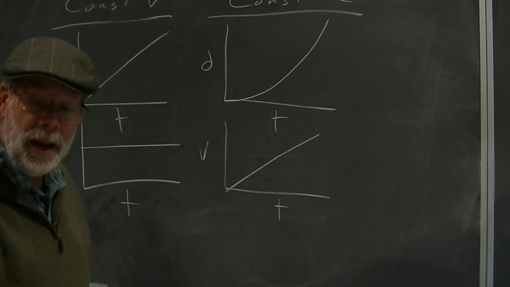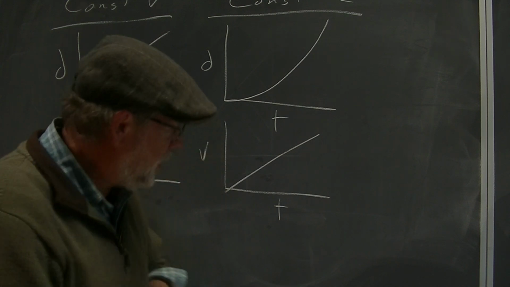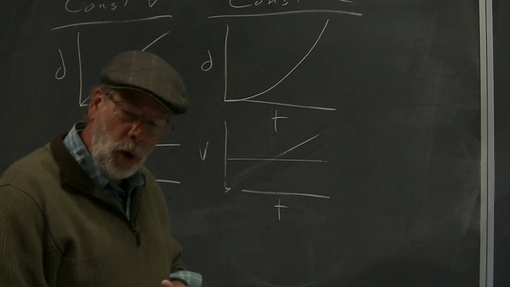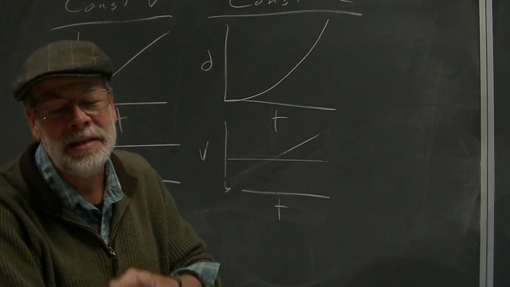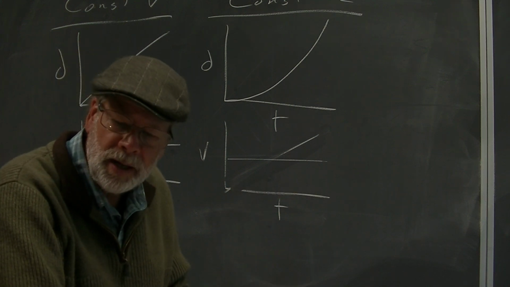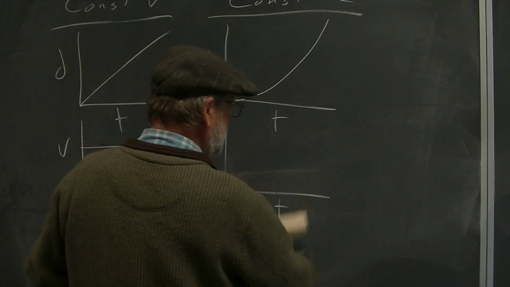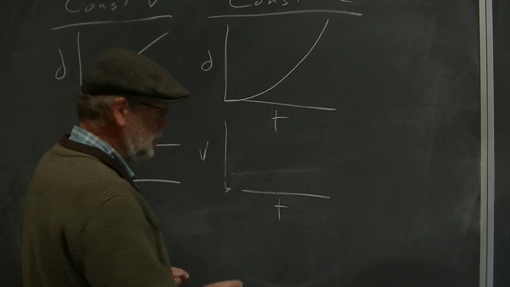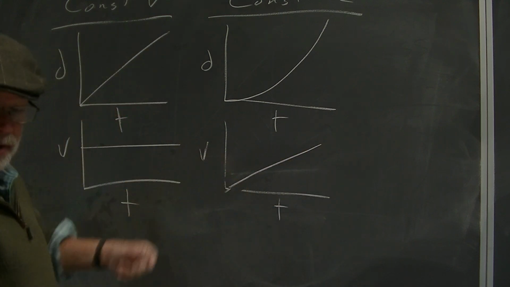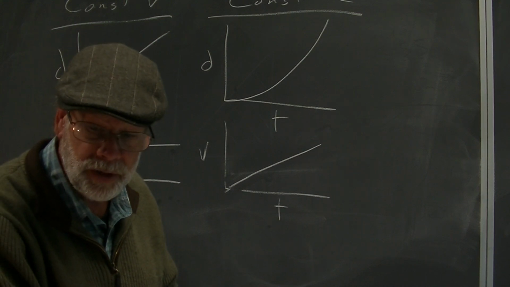By the way, when we say constant acceleration, what we always imply is constant non-zero acceleration, okay? Because zero acceleration obviously would be a constant as well, but what we're implying is not zero acceleration. So for constant acceleration, some non-zero acceleration, there you go. Notice the slope is constant.